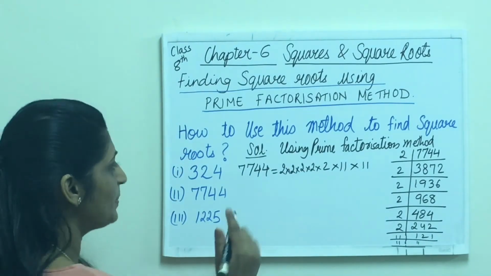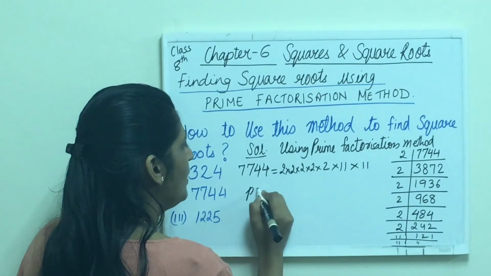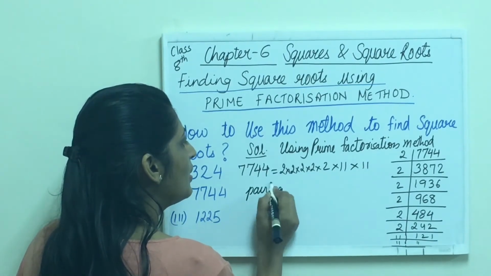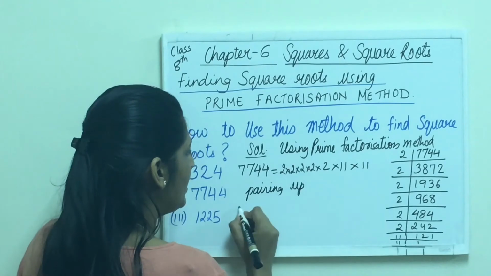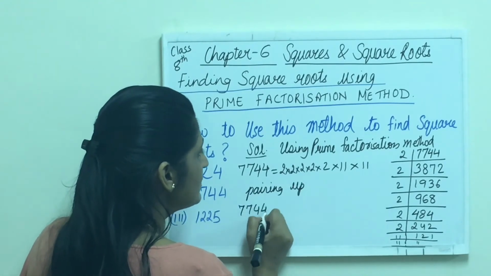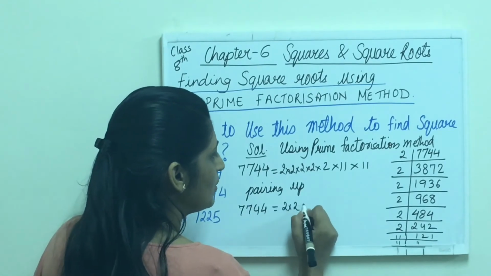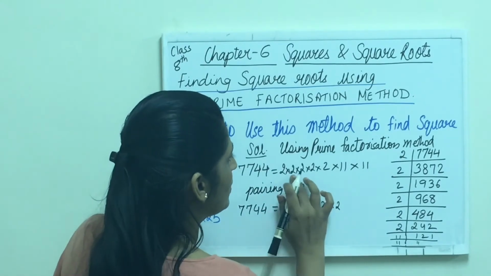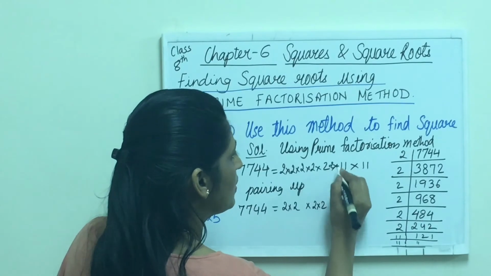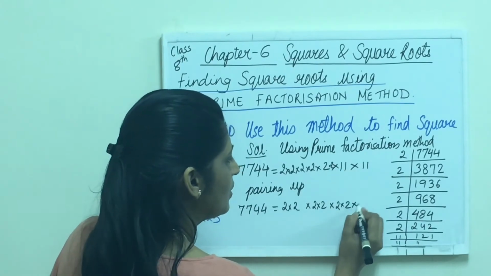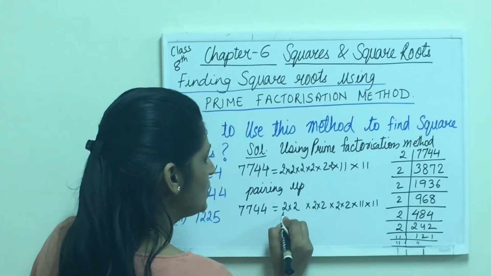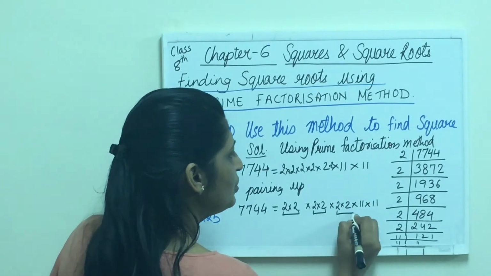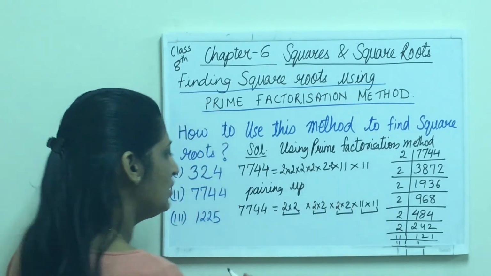My next step is pairing up the similar numbers. So 2 times 2, 2 times 2, 2 times 2 and 11 times 11.